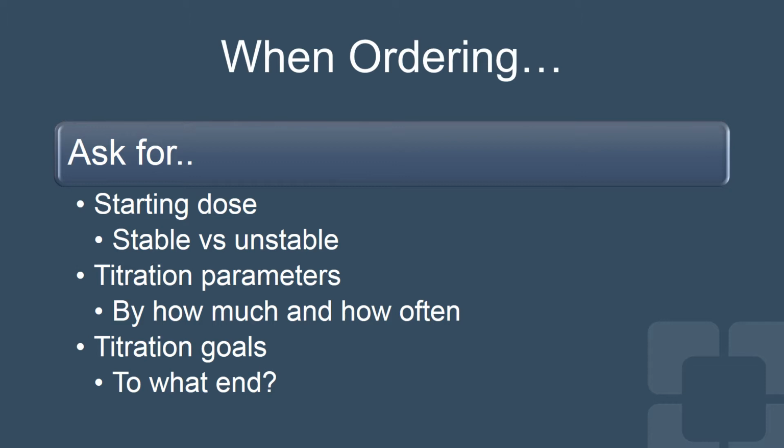And then what the titration goals are. So to what end are we actually titrating these medications? We have these goals of a MAP of 65 and a systolic blood pressure of 90, but really take into consideration the clinical status of the patient. Is the patient at a MAP of 65, but their urine output has not increased at all, in a patient that did not normally have reduced kidney function? You have to make sure you're monitoring these patients appropriately.